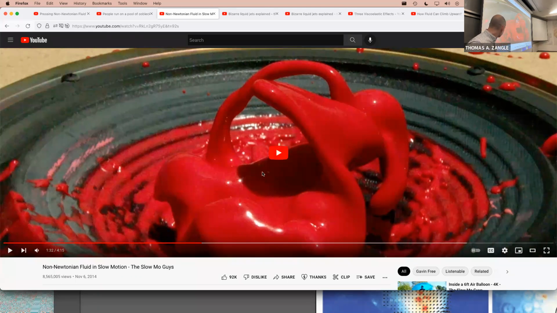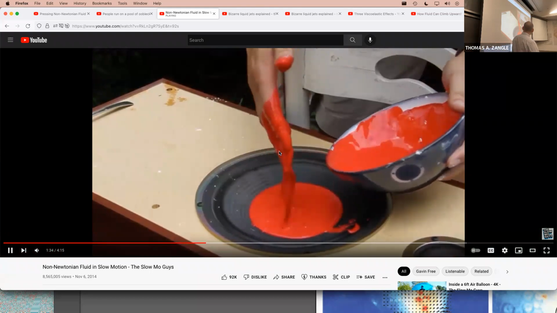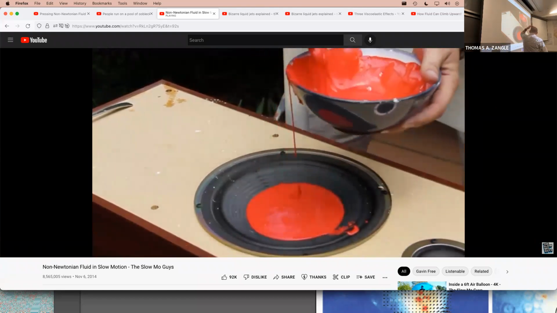So this is from the Slow Mo Guys, some slow-mo video of, again, oobleck. See, it's flowing right onto the speaker.